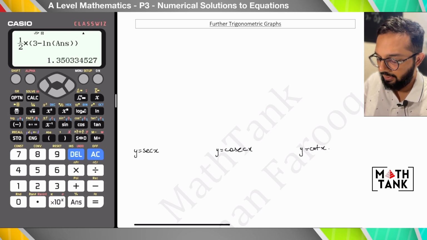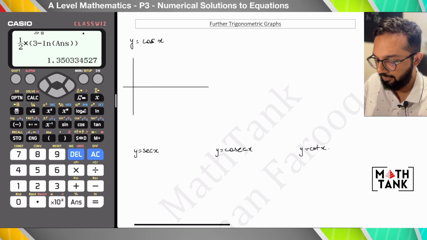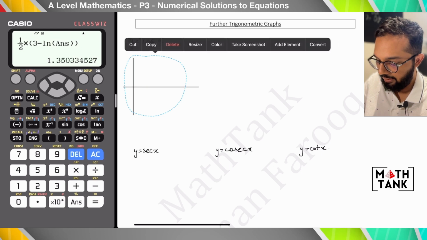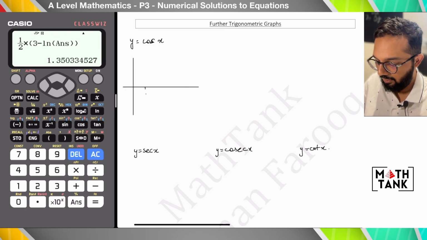Okay, so I am first drawing the graph of cos x because that is the graph that converts to sec x. Now I'm drawing them in degrees. You can obviously draw them in radians as well.